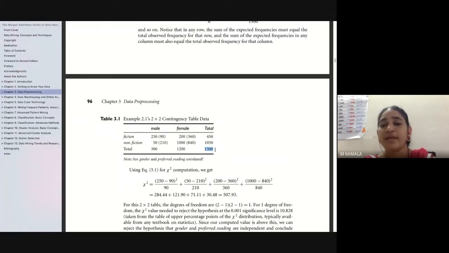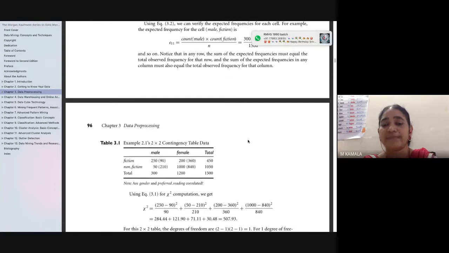Out of 1500, now if you see this 250 and this 50, these are all the observed values. Observed values are nothing but the facts.